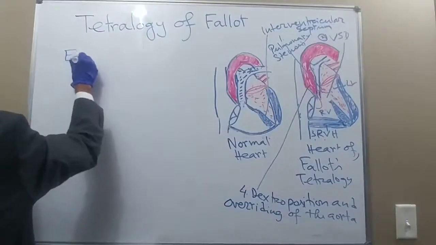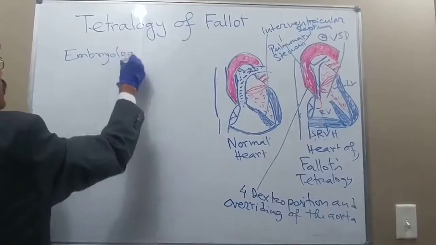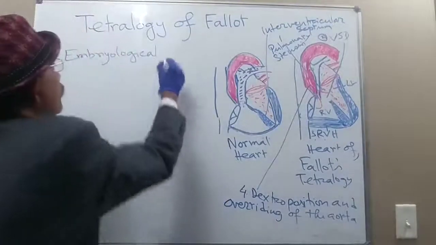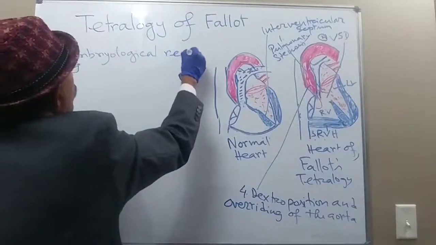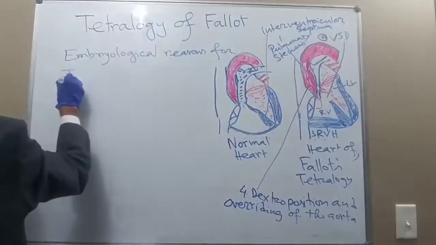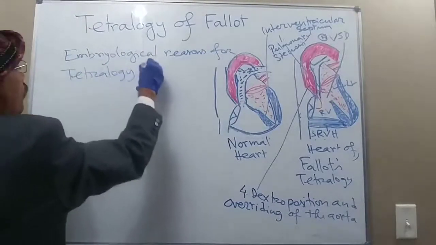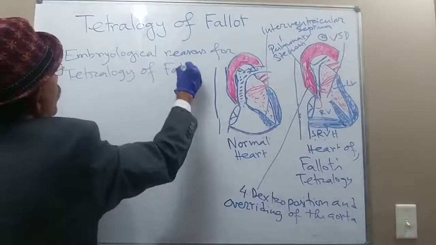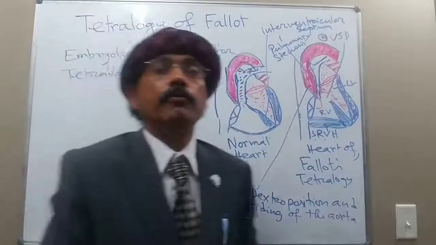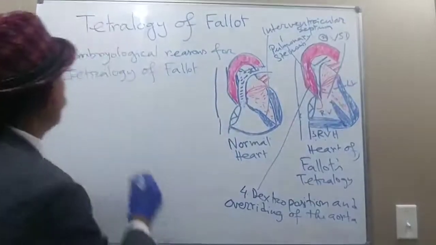So what is the embryology behind it? Embryological reasoning for tetralogy of Fallot. Why does this happen? Tetralogy of Fallot happens due to anterosuperior displacement of the infundibular septum.